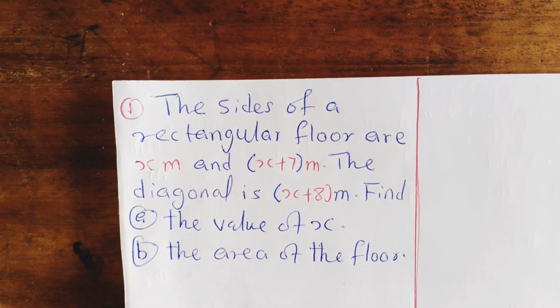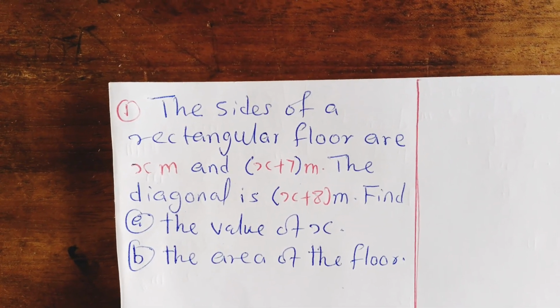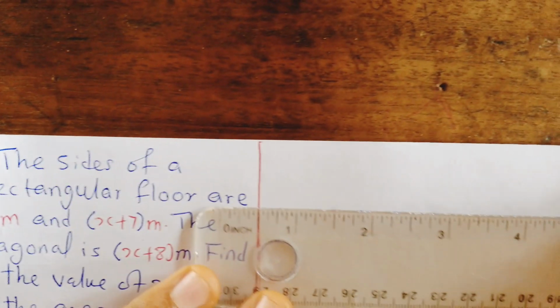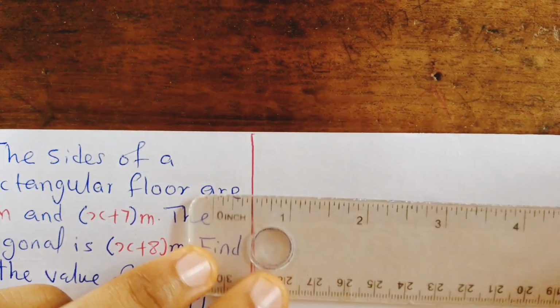So the question is telling us that we have a rectangular floor. Let me draw that diagram here. A rectangular floor.